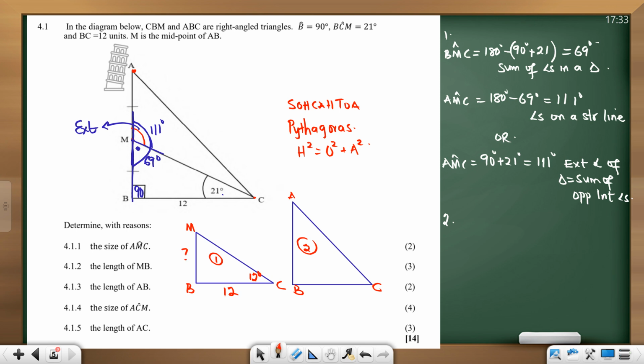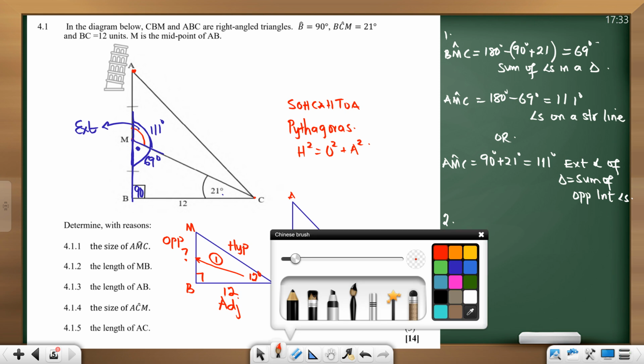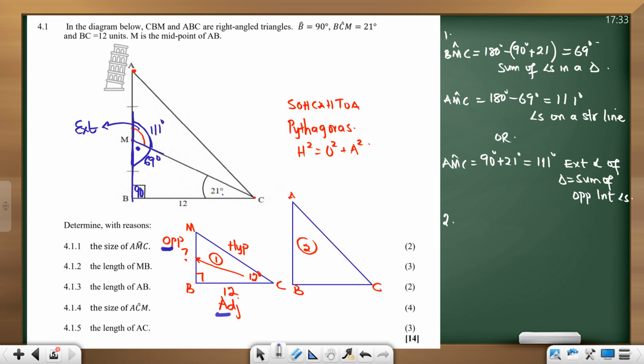BM is right here. And if I look at this, according to this angle, this is opposite. Remember, the one facing angle 90 is the hypotenuse. And this is adjacent. I do have my adjacent, and I'm looking for the opposite.